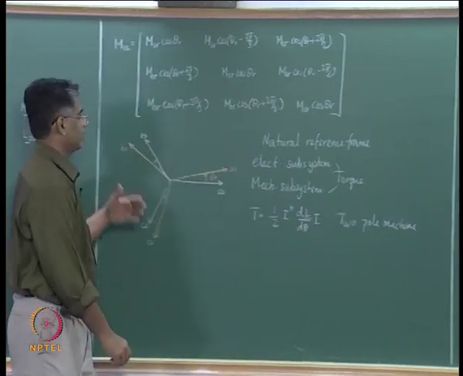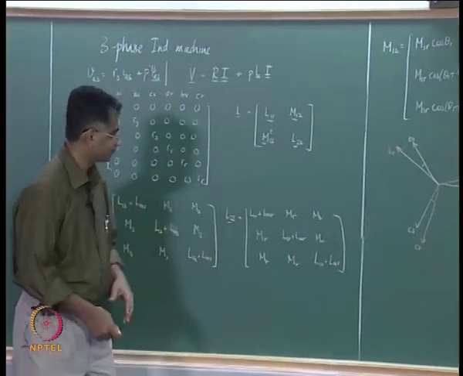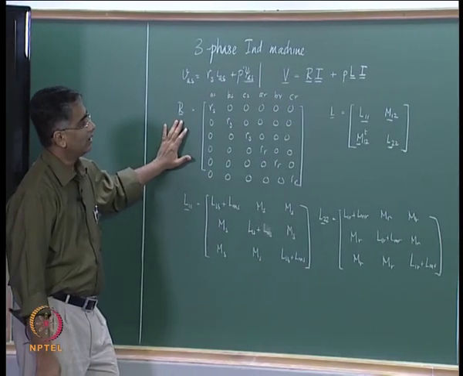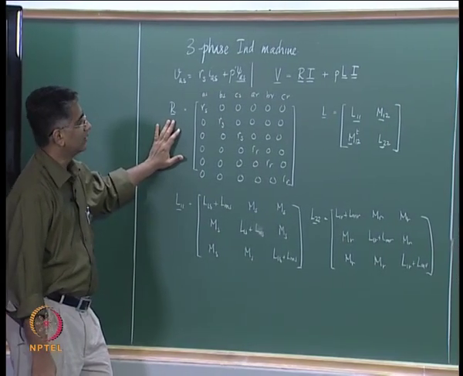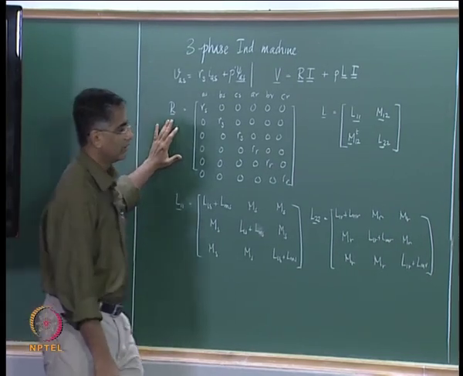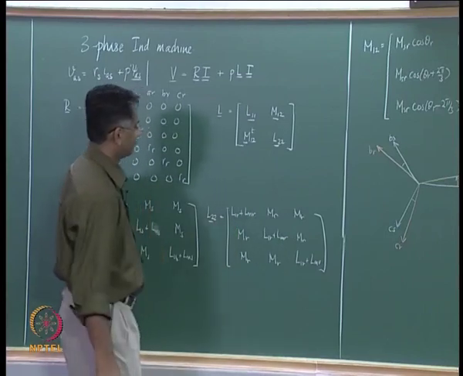The expressions we have so far obtained all assume implicitly that the stator magnetic field and the rotor magnetic field are two pole fields.